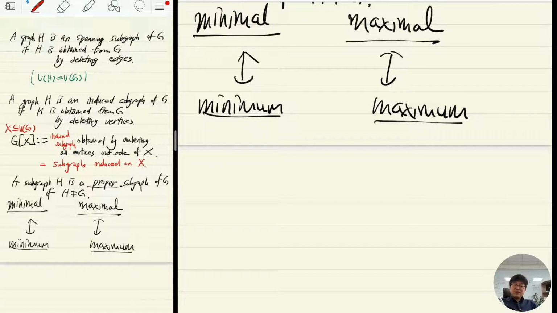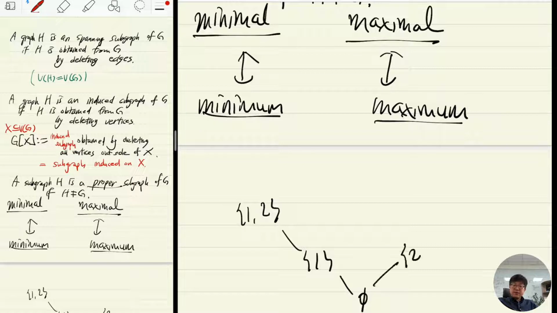So for instance, let me draw 1, 2, 1 and empty and 2. This is the so-called Hasse diagram.